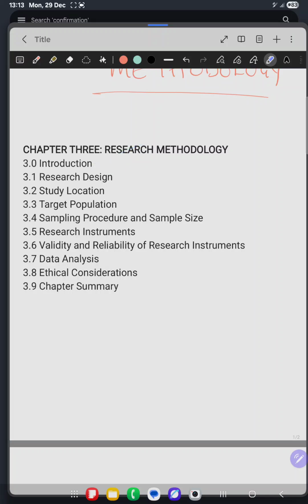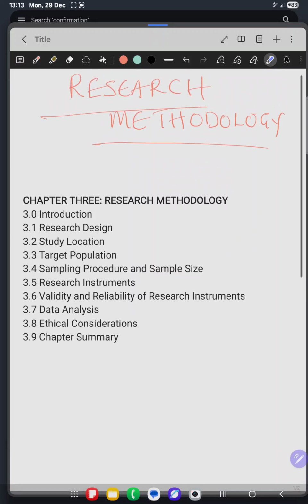Just like I stated in the other videos on chapter 1 and chapter 2, in any chapter of a research proposal, you should always have an introduction or an overview. That introduction helps you understand what is going to be found inside that chapter.